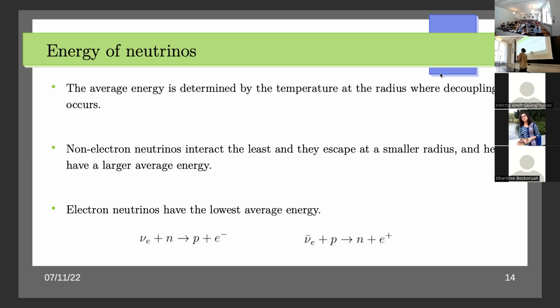And if we look at the cross section, then for non-electron neutrinos, the cross section is the least. So they decouple first, in the region where the temperature is the largest, and so they have a larger average energy than electron neutrinos and electron antineutrinos. Electron neutrinos have the lowest energy because we are in a neutron-rich environment, so this reaction happens more than this reaction.